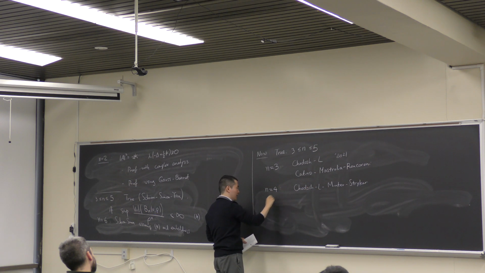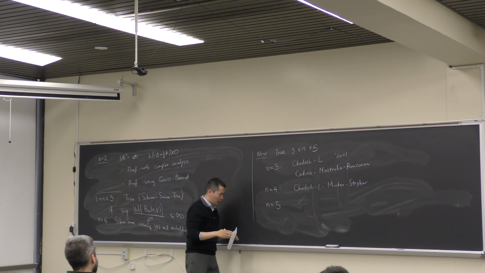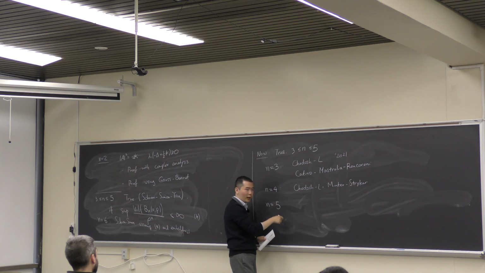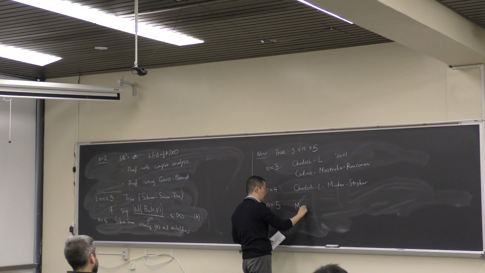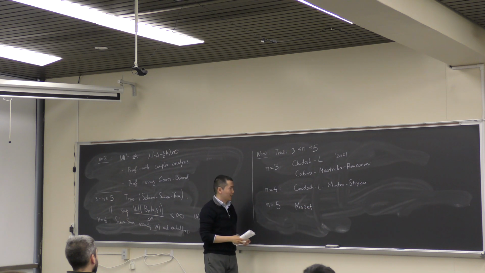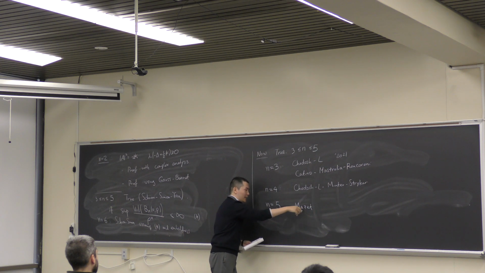After this work, I believe several groups of people in the world started working on the extension to n equals 5, and finally it was done by Mazet. This happened last summer, basically.